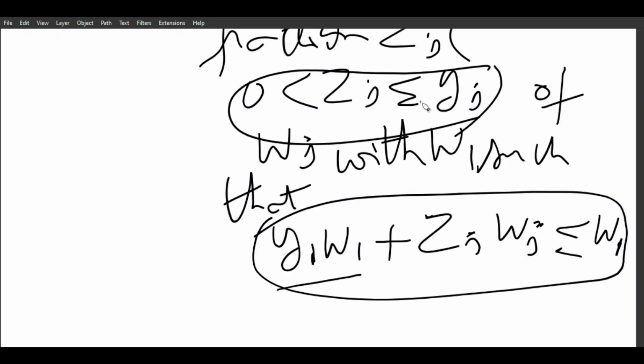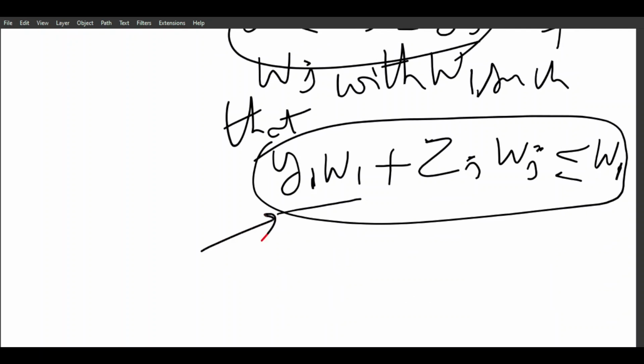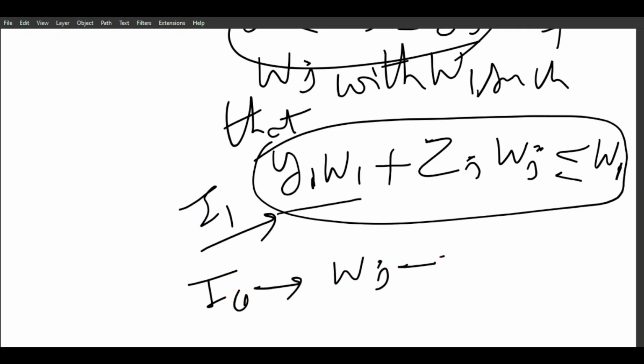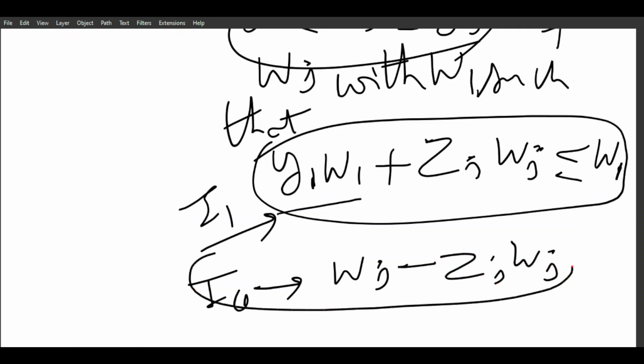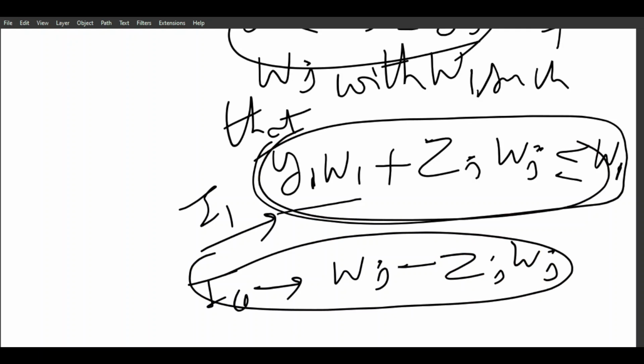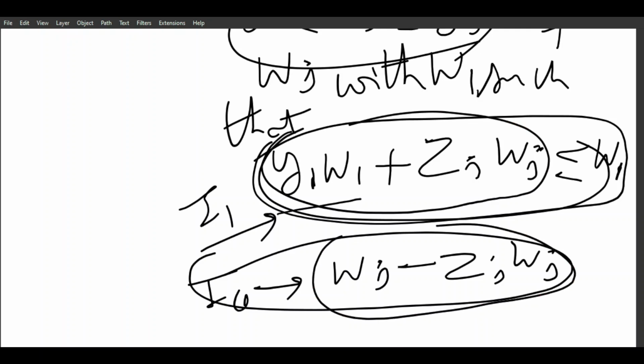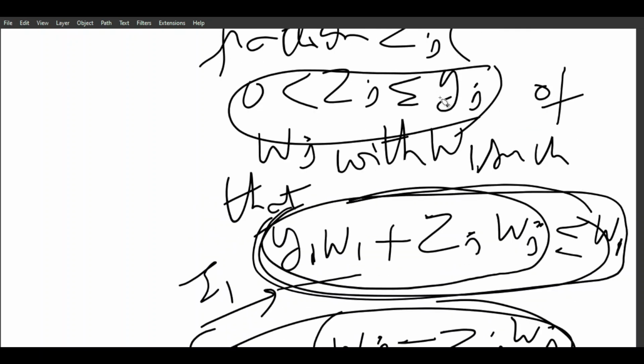So this is the new weight of item 1, and also the new weight of item j. It is getting reduced to wj minus zj wj. So the weights are getting changed like this. This is the new weight of item 1, this is the new weight of item j. The condition satisfied should be this and also this. So we have performed the exchange.